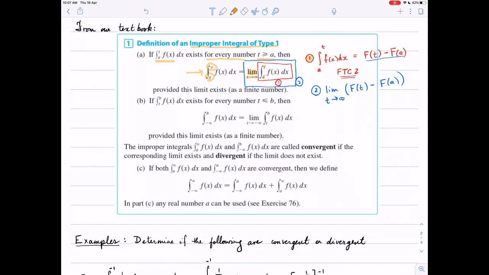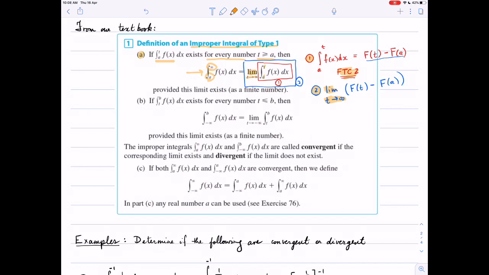Step 1, basic integration with the FTC, part 2. Step 2, a limit. So all of your limit calculations from Calculus 1 are going to be put to good use here.